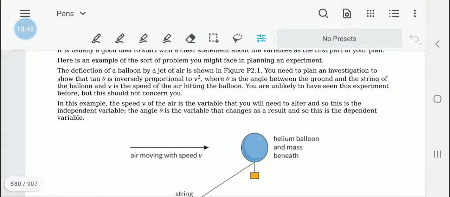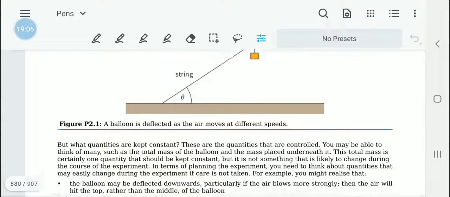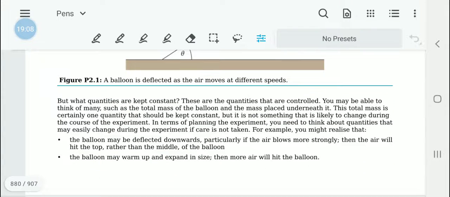What we change is the independent variable, and dependent on that, what changes is the dependent variable. The angle theta is the variable that changes, therefore it is the dependent variable, and the control variables are what we keep constant.